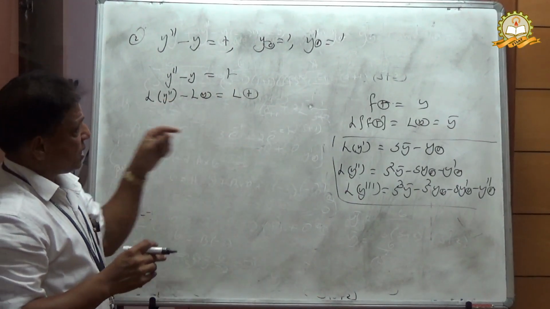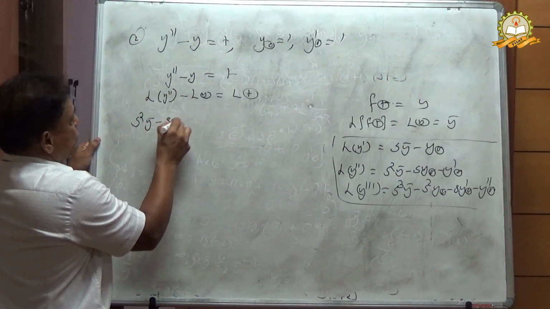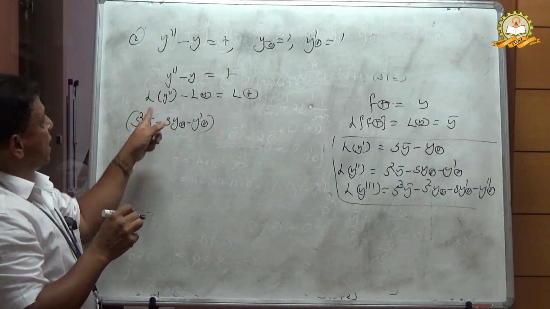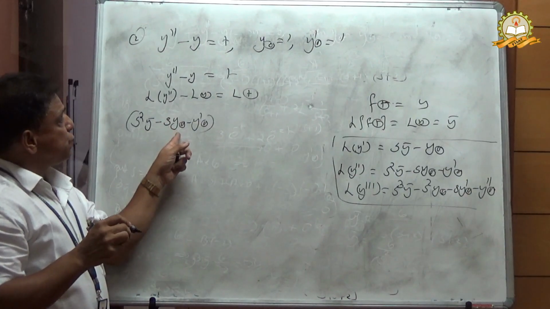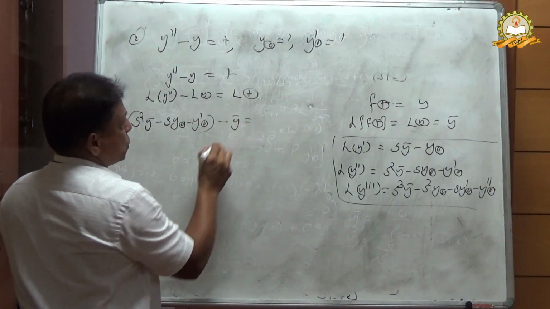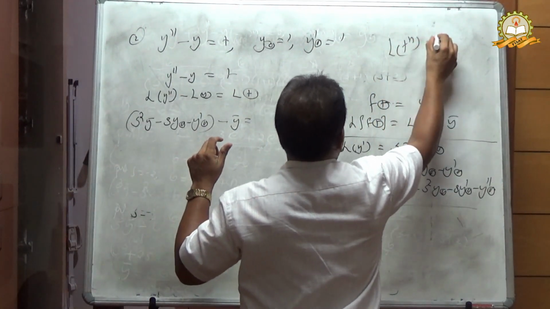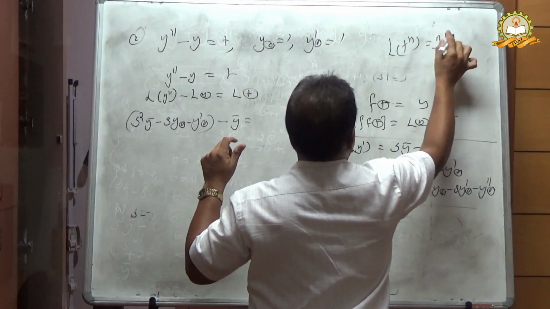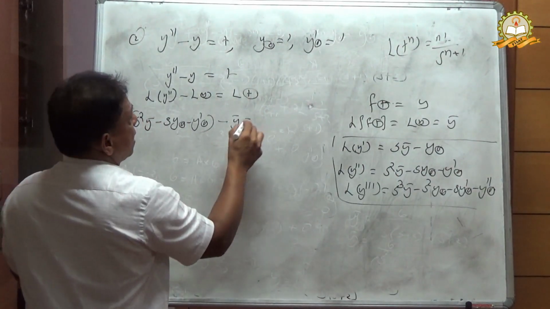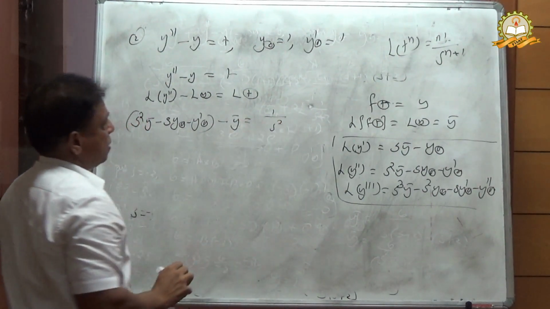L of y double dash is equal to s square y bar minus s y0 minus y dash 0. L of y is y bar, and it equals L of t. L of t, we know that formula: L of t raised to n is equal to n factorial by s raised to n plus 1. By using that formula, here n is equal to 1, therefore 1 by s square.